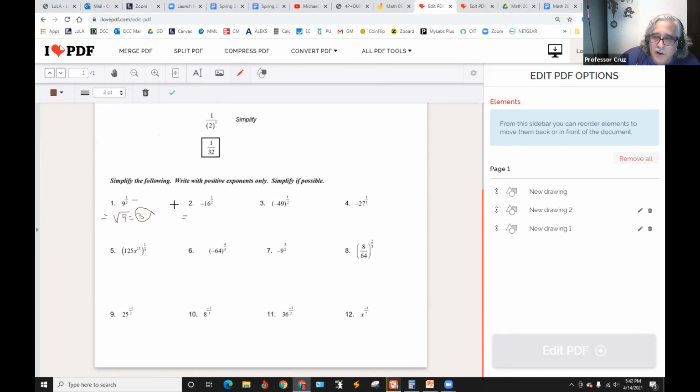So this one's another square root, and it's going to be negative. All right, look at that and make sure you.